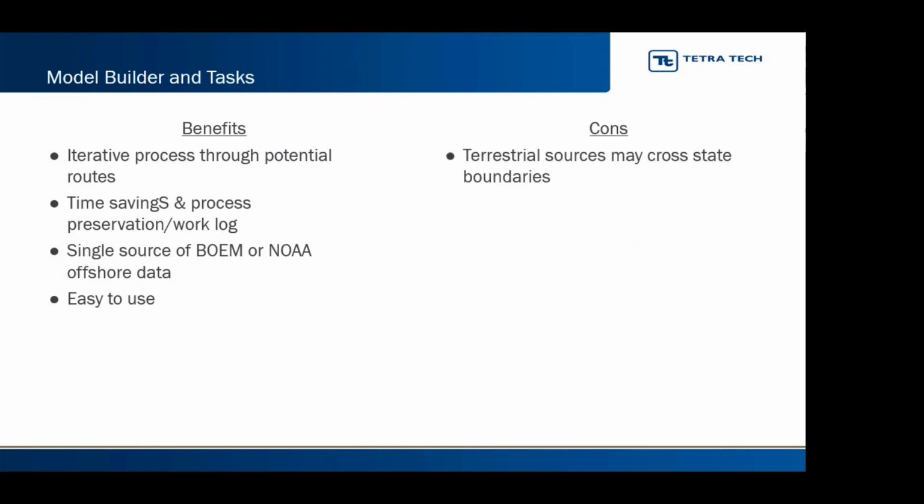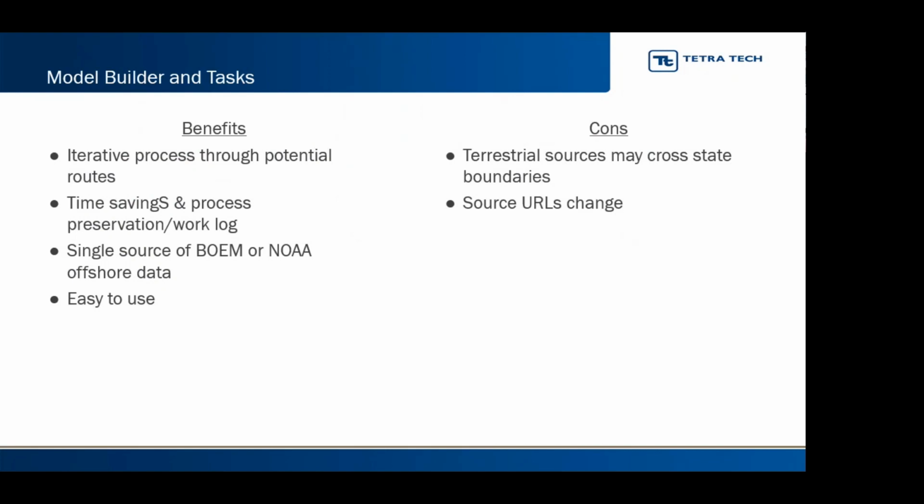Some cons, I mean, no program is the best, but some of the terrestrial resources, if we're doing a constraints analysis for the terrestrial routes on land, those inevitably cross state lines. So you still have to have multiple data sources for that. So let's say we're trying to match the wetlands from the Massachusetts border to the wetlands in the Connecticut side.